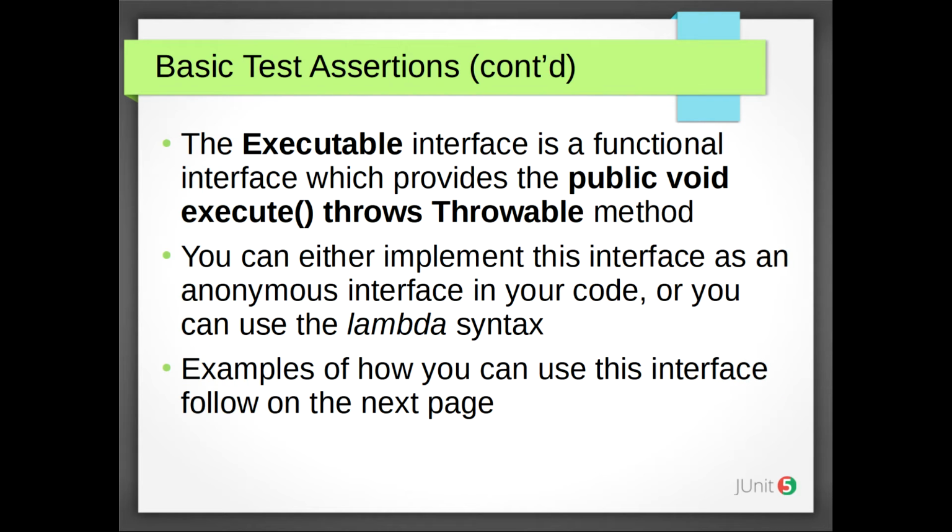The Executable interface is a functional interface which provides the public void execute() throws Throwable method. You can either implement this interface as an anonymous class in your code, or you can use the lambda syntax. Examples of how you can use this interface follow on the next page.